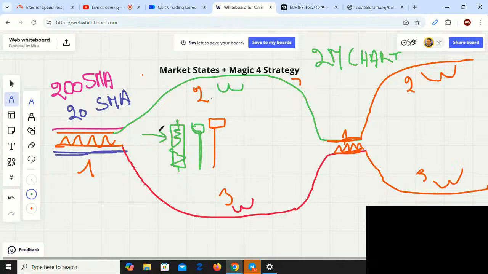Okay? Let that sink in. Think about it. You have to see footprints of those big players and follow along with those guys. Unless you do that and you understand that, you will not make money in the markets.